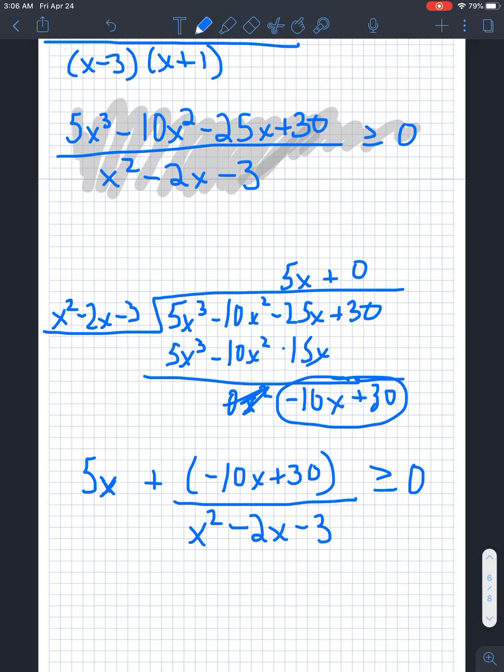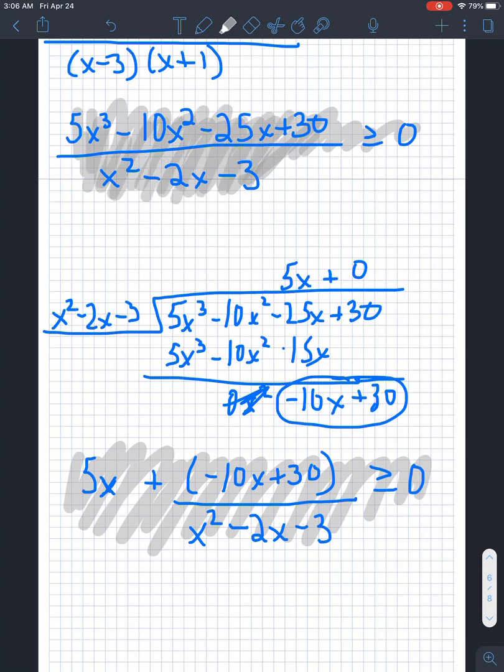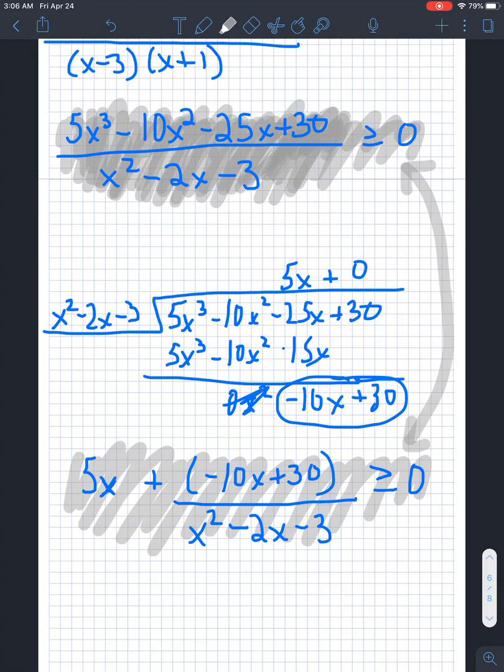So I just wrote that in a different form, guys. This is just when you actually do this division. So these two equations, if you were to graph these in Desmos, would give you the exact same graph. This one is going to be a little bit nicer for factoring, so we can find our zeros and vertical asymptotes easier. But this is the one that's going to be nice to see the oblique asymptote.